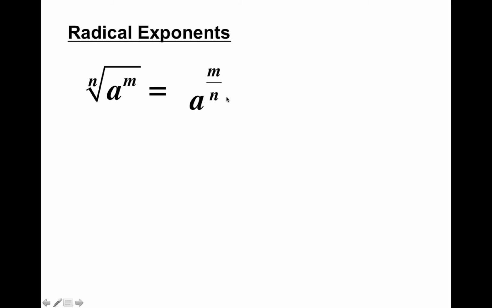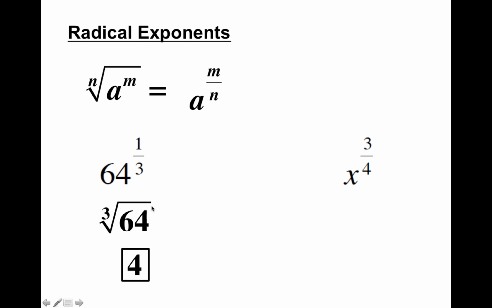So it becomes a fraction. So in this case, this is what you're seeing. So 64 to the 1/3 is the same as the cube root of 64 to the 1 power. And what number cubed is 64? 4.